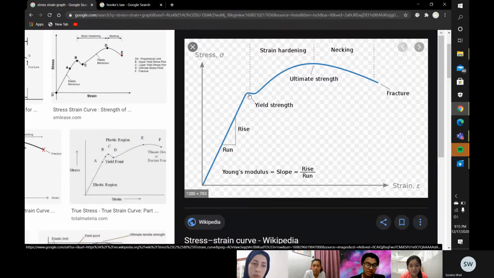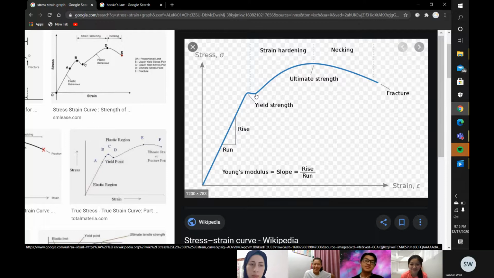So what is the yield point? Yield point is the maximum point for the spring to return to its normal state.